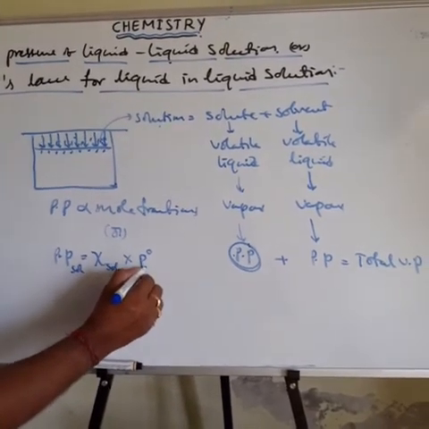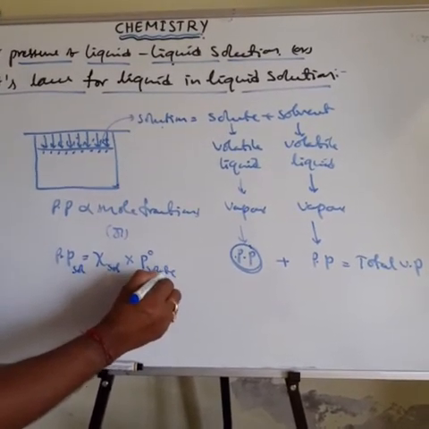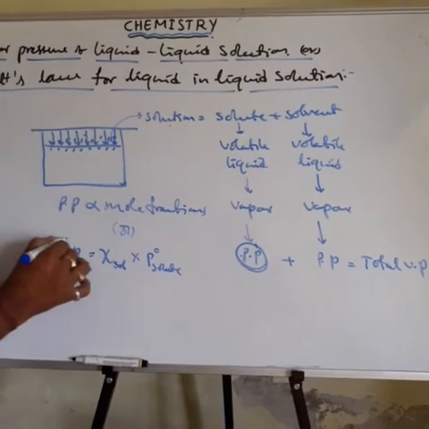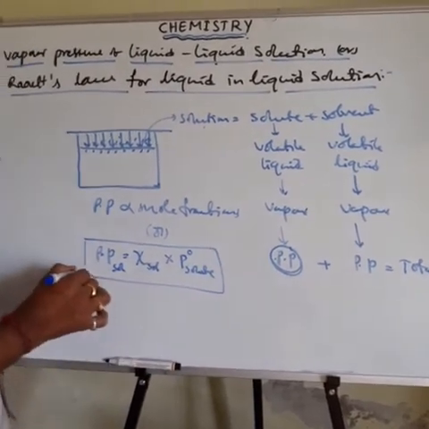For example, the partial pressure of the solute equals the mole fraction of the solute multiplied by the vapor pressure of the pure solute. That is also a definition of Raoult's law.